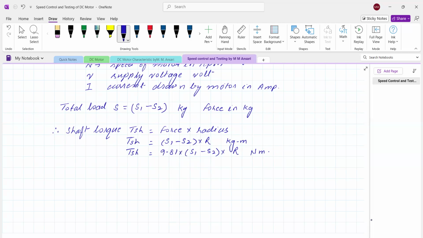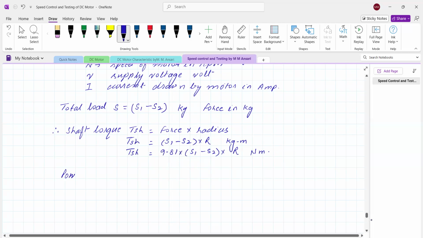Now the power output, let it be P out, is equal to torque into angular velocity. So the output is TSH multiplied by the angular velocity, which is 2 pi N upon 60, in radian per second.